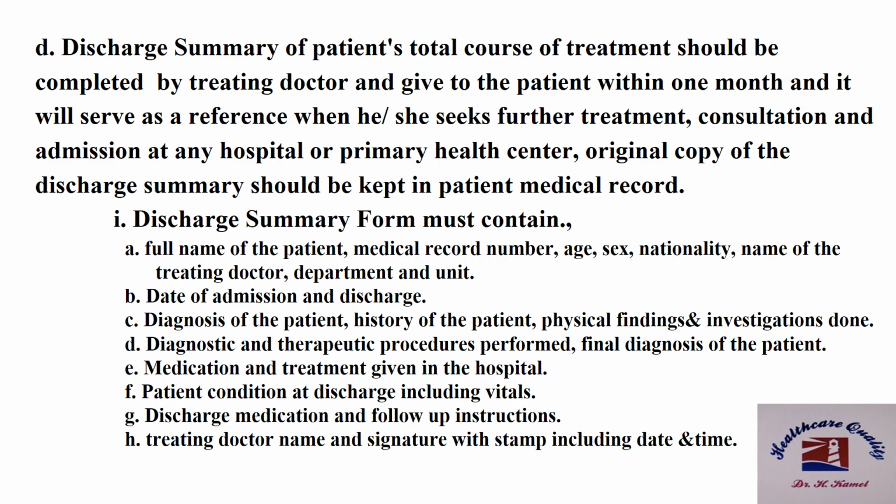Diagnostic and therapeutic procedures performed, final diagnosis of the patient. Medication and treatment given in the hospital. Patient condition at discharge, including vitals. Discharge medication and follow-up instructions, and treating doctor name and signature with stamp, including date and time.